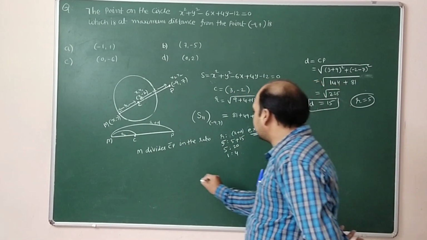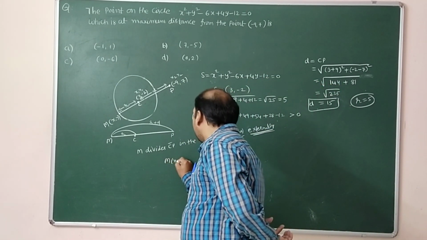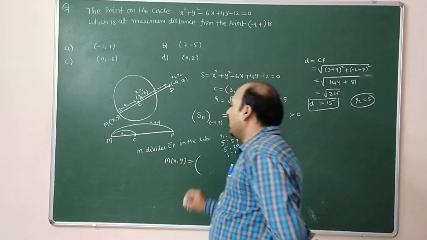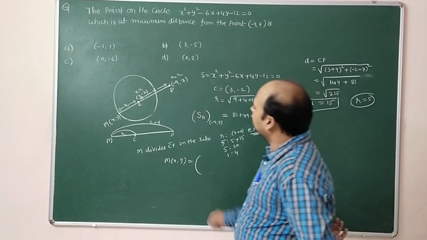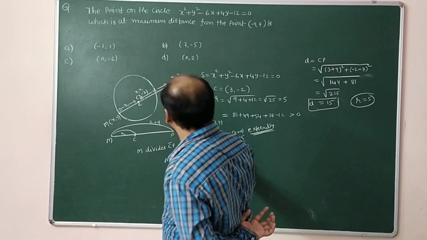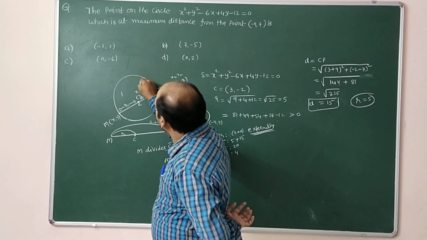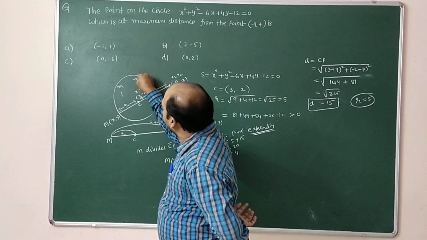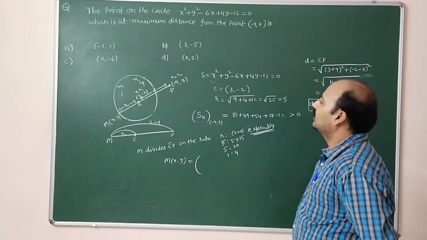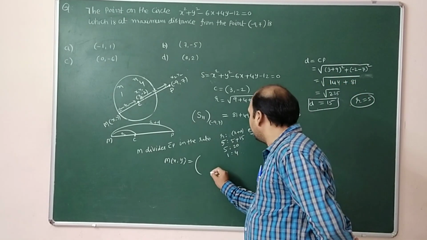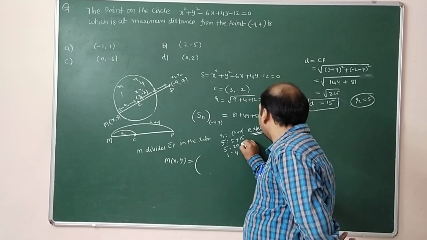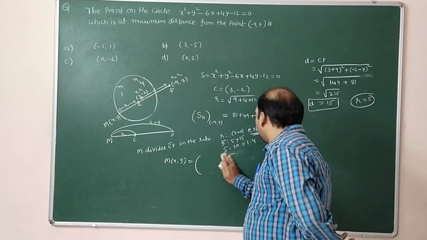So coordinates of M of x comma y equal to mx2 minus nx1. So this is 1 is to 4. This is m, this is n. So 1 into minus 2, better to write here. This is 1 is to 4.